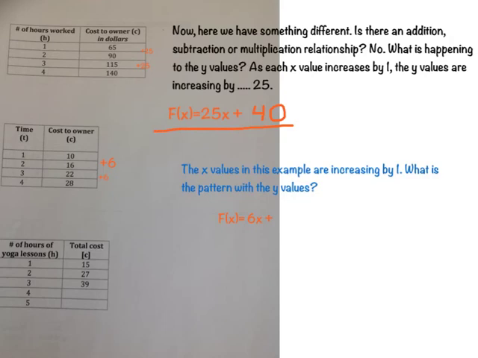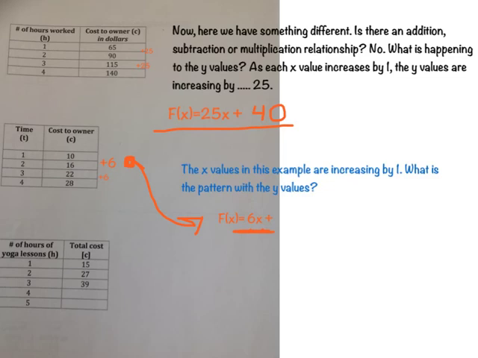Let's take a look at the next one. The x values in this example are increasing by 1. The y values are increasing by 6, but that first term is not 6, it's 10. So this is the big clue that says 2 steps here. We know we're going to start off with y equals 6x because that's what this is right here. 6 times 1 is 6. 6 plus what will get me to 10?